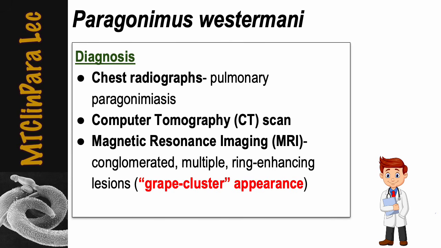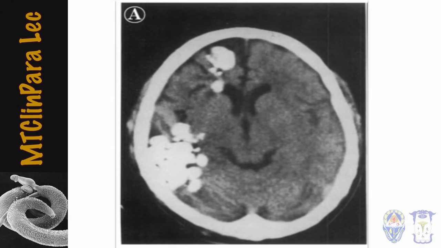CT scan and MRI are more helpful in checking the grape cluster appearance for cerebral paragonimiasis. For immunological and serological testing, immunoblot and ELISA are the best methods for these types of parasites. So here is the grape cluster under the MRI of the patient with cerebral paragonimiasis.